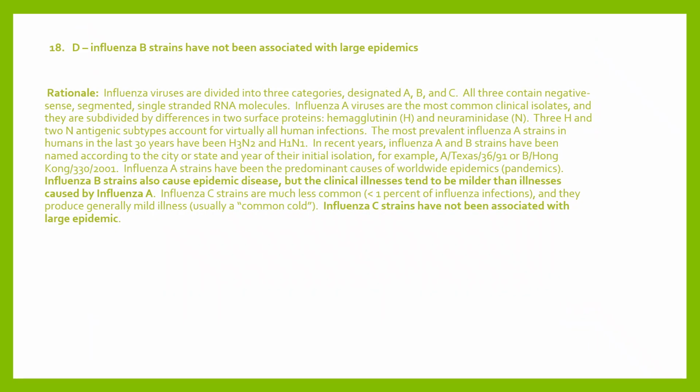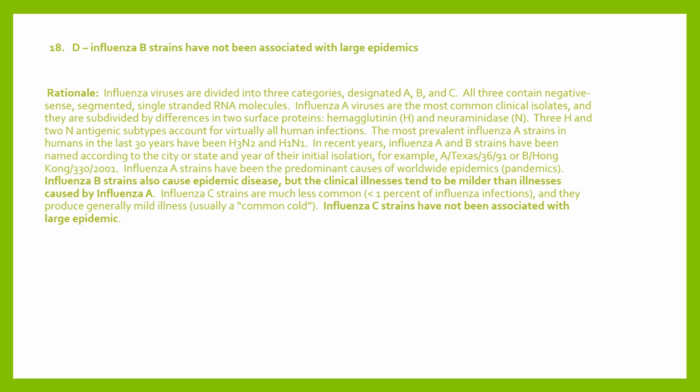The answer is D. Influenza B strains have not been associated with large epidemics. Influenza viruses are divided into 3 categories designated A, B, and C. All 3 contain negative sense segmented single-stranded RNA molecules. Influenza A viruses are the most common clinical isolates, and they are subdivided by differences in 2 surface proteins, hemagglutinin and neuraminidase. 3H and 2N antigenic subtypes account for virtually all human infections.